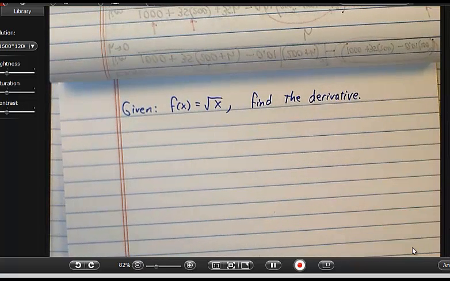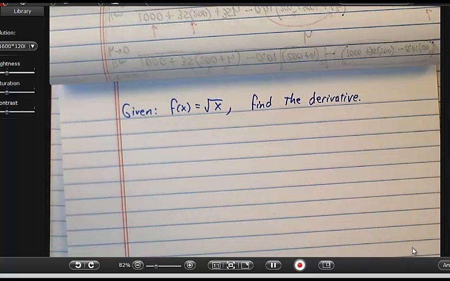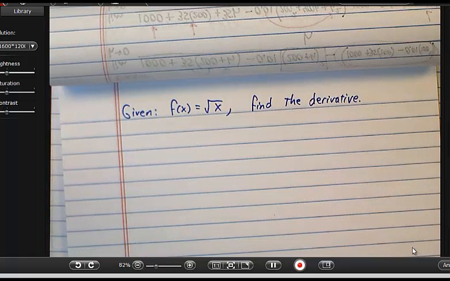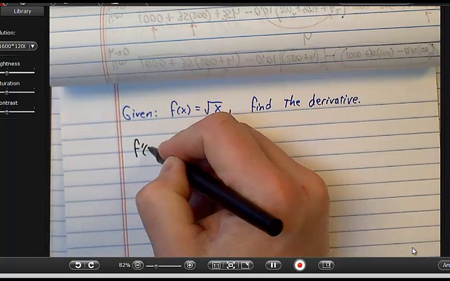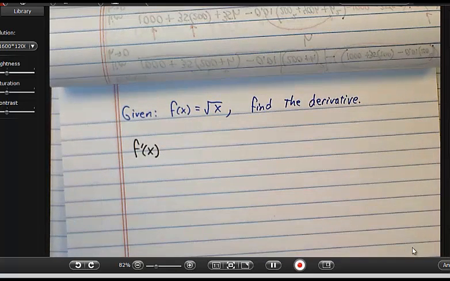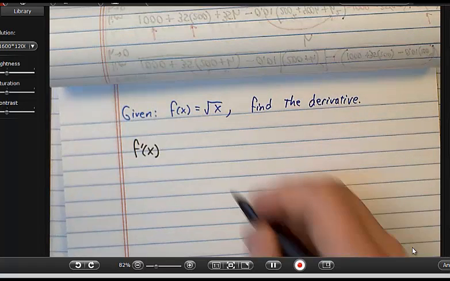Okay. Now, I gave you notes on the derivative last time, but we haven't really done this for homework yet. So I'm going to remind you what this is. F prime of x is how I denote the function called the derivative. It's going to be a function that will give me the slope of the tangent line for any of those points. So here I go.